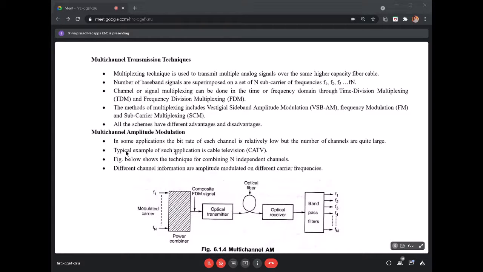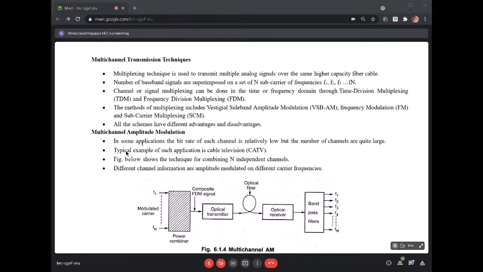Which consumes larger bandwidth, AM or FM? FM, yes, very good.